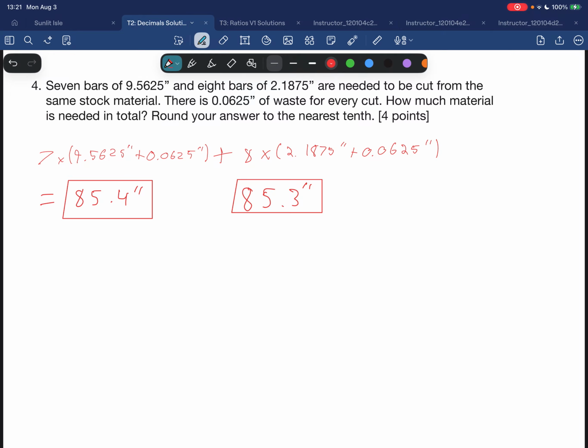If the bar is already the exact length you need, this makes it so that you have one less cut to make, and due to that small amount taken off, it actually makes the number round down to a 3 instead of up to a 4. So a very slight difference based off the interpretation of the question.